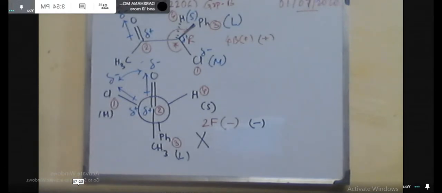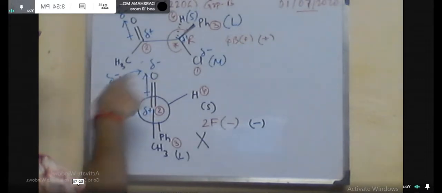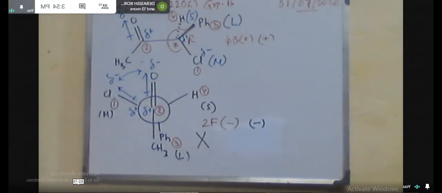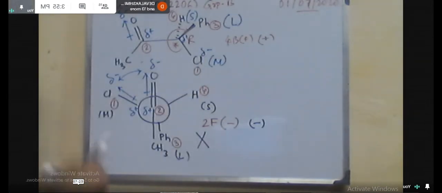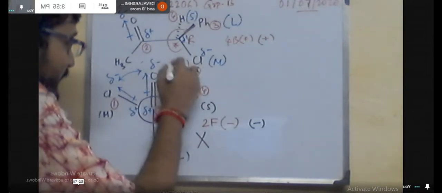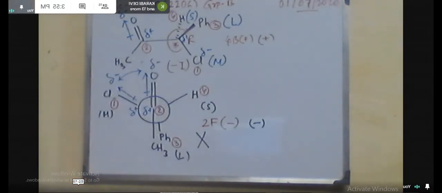Double bond O, CH3, the chlorine is in the anti-periplanar conformation. So chlorine is anti-periplanar means we are just exchanging the position, the chlorine to the phenyl, phenyl to the hydrogen, and hydrogen to the chlorine. We are exchanging the position. So accordingly we will draw like this way.